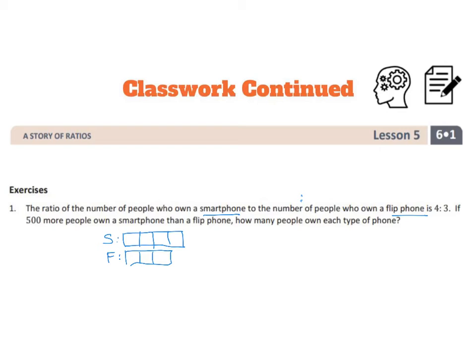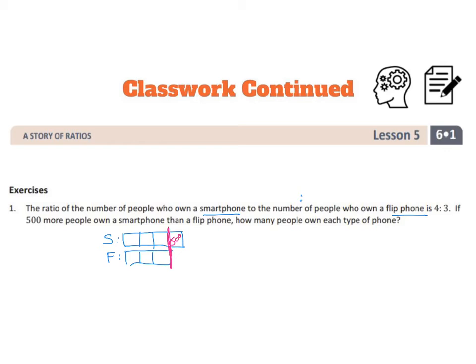So if 500 more people, okay, so remember when they say that, more means extra or added at the end. So this little guy right here, I'll get rid of that. This one right here is 500.